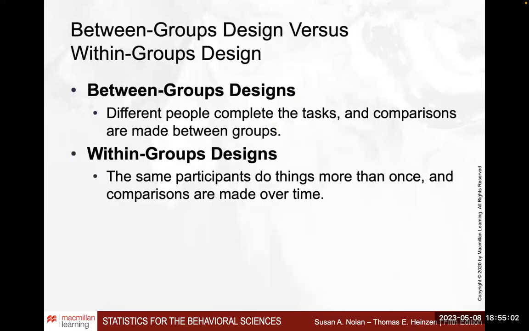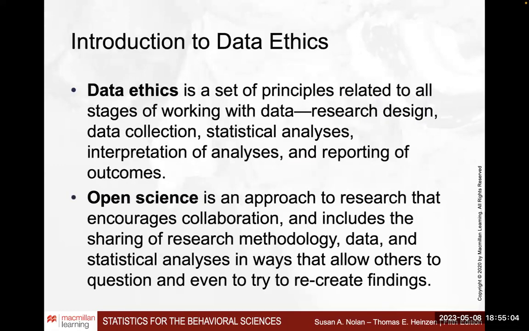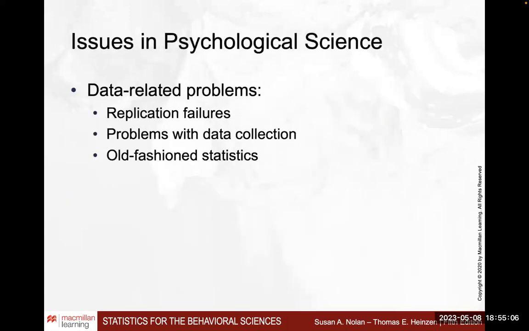So you have between-groups design and within-groups design. We know that data ethics and science, we have that too. Data-related problems, replication failures. Replication is the most important thing, particularly when you do observational research. There are 11 criteria that would allow you to hypothesize causality in observational analyses.